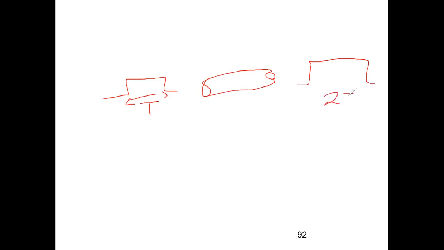Don't say 2T, 3T, this is just an example. The pulse width has broadened and it became, suppose, 2T. This is my input and this is my output. So my pulse dispersion delta T is equal to 2T minus T, which is equal to T. Just a simple example to show you. This is the pulse dispersion.